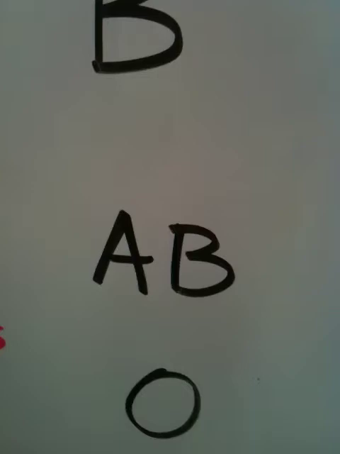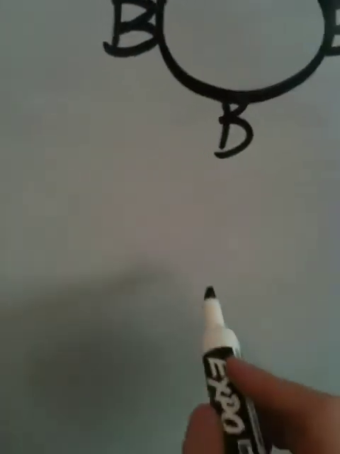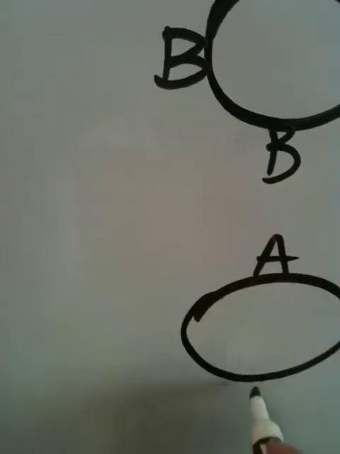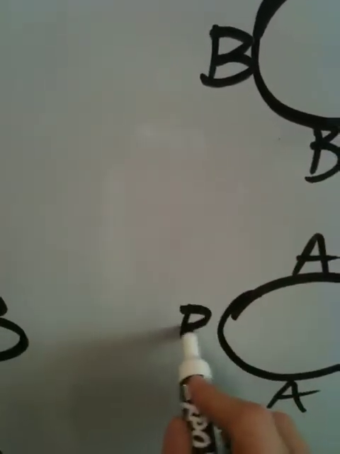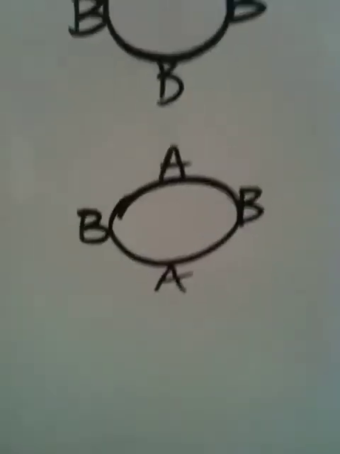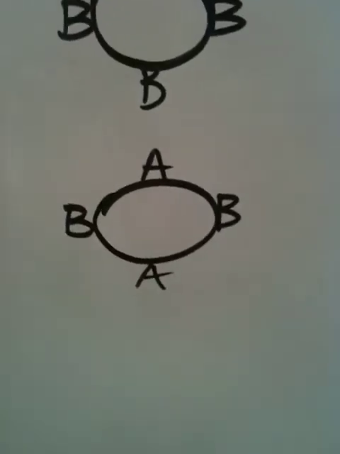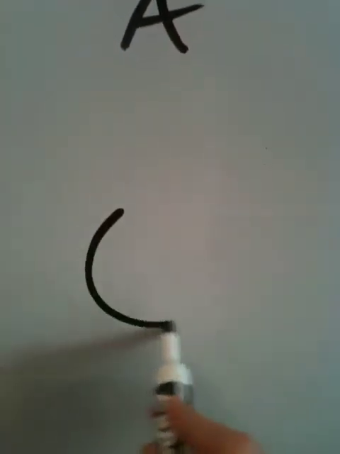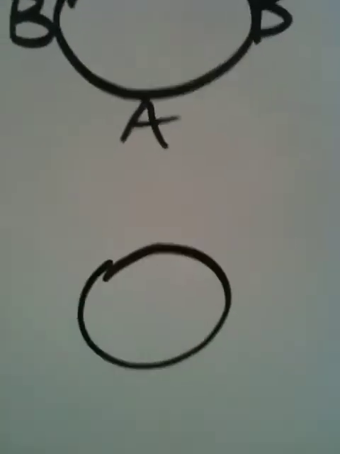If you have type AB blood, then your body makes both A's and B's on there. Okay? So it would look like that. It would say, we have both A's and B's. Now, type O, it doesn't have little O's on it.